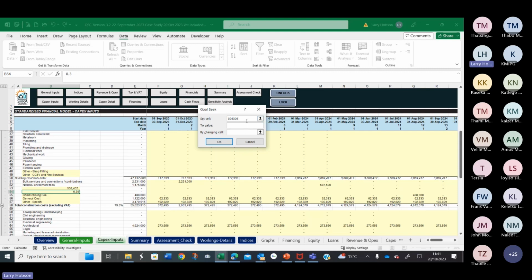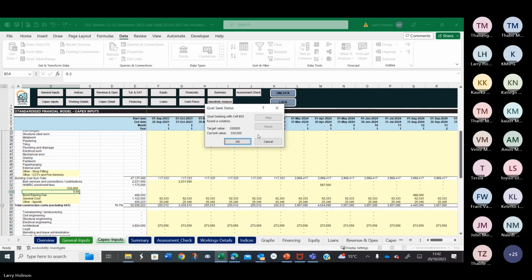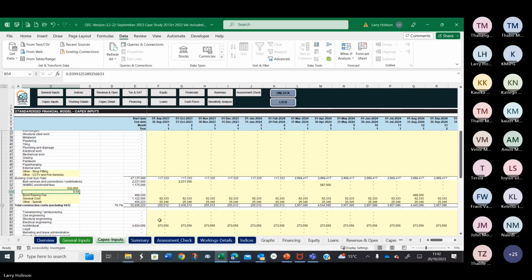Now you need to set that cell to value. Well, let's just be simple and call it 530,000. And this is the cell there that we need to make 530 by changing this factor cell here. There we go, it's done.